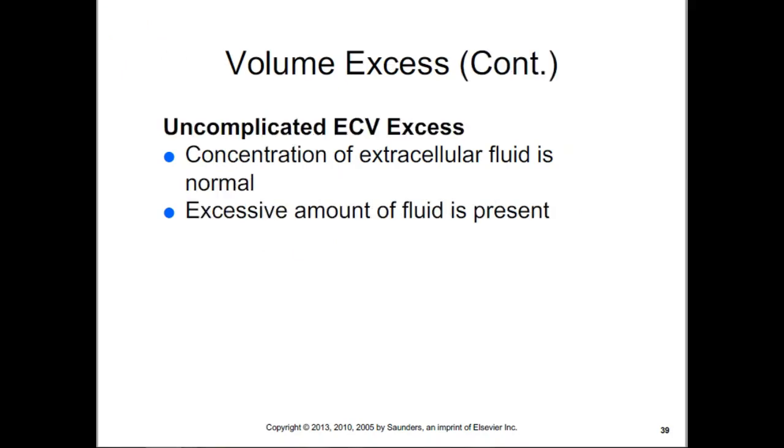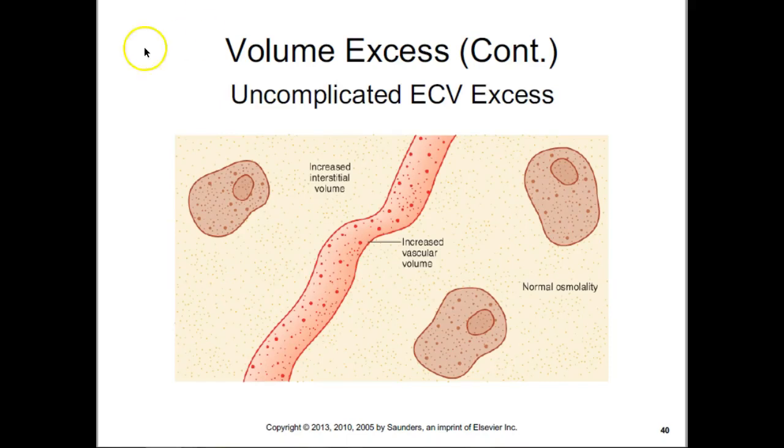In uncomplicated extracellular fluid excess, the concentration of the extracellular fluid is normal and an excessive amount of fluid is present. So you might see an increased vascular volume, increased interstitial volume, but normal osmolality. So this is uncomplicated.